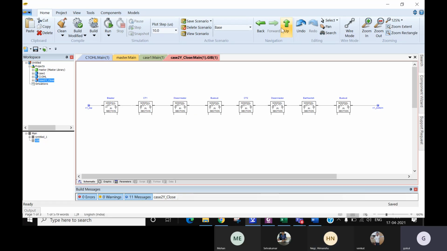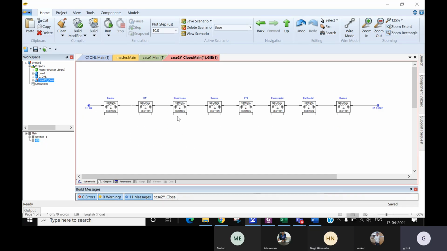This is not a frequency dependent method. There is a nominal T method and a nominal pi method. We have used the nominal pi method, and from the transformer circuit breaker, all the components have been modeled with the nominal pi method.